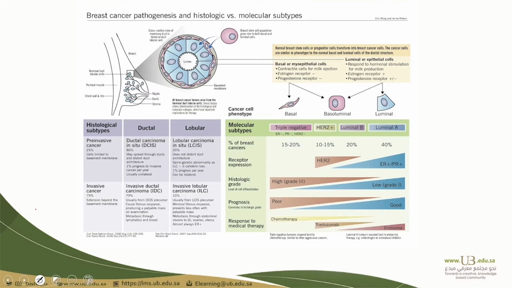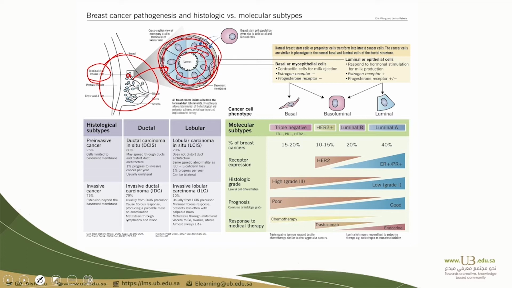Here we can see the structure of the breast. And if we concentrate here, we will see the terminal ductolobular unit, which is the functional unit of the breast. If we take one of the acini or ducts here, we'll find that the duct or the acini consists of, first, basement membrane, myoepithelial cells, and luminal cells.